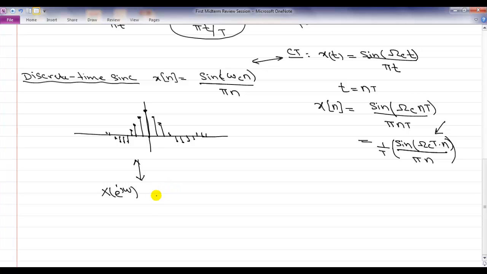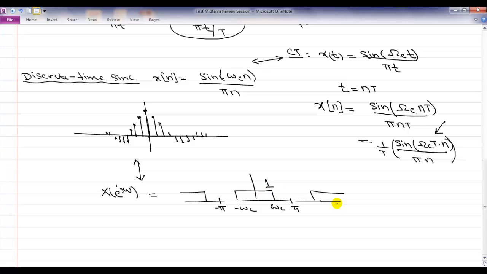So it's a discrete time low pass filter. Its frequency response looks like this. Minus pi, pi. In the continuous time, it had a cutoff of capital omega c. In the discrete world, it has a cutoff of little omega c. And then you have the periodic repetitions. And the height of this is 1.